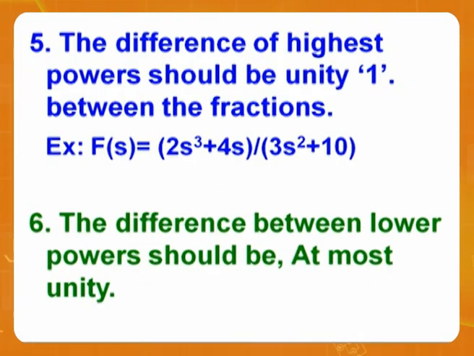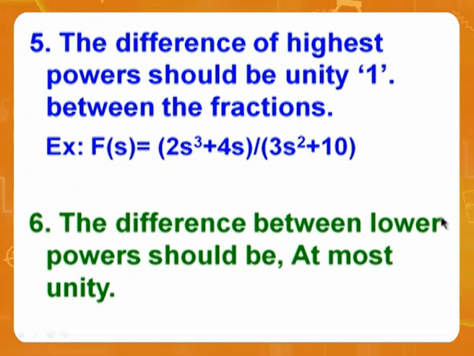Then different properties we are seeing. Fifth property, the difference between highest powers should be unity between the fractions. That means look here, 2s cube plus 4s over 3s squared plus 10. The difference between 3 and 2, that means the maximum it can have is a difference of unity.